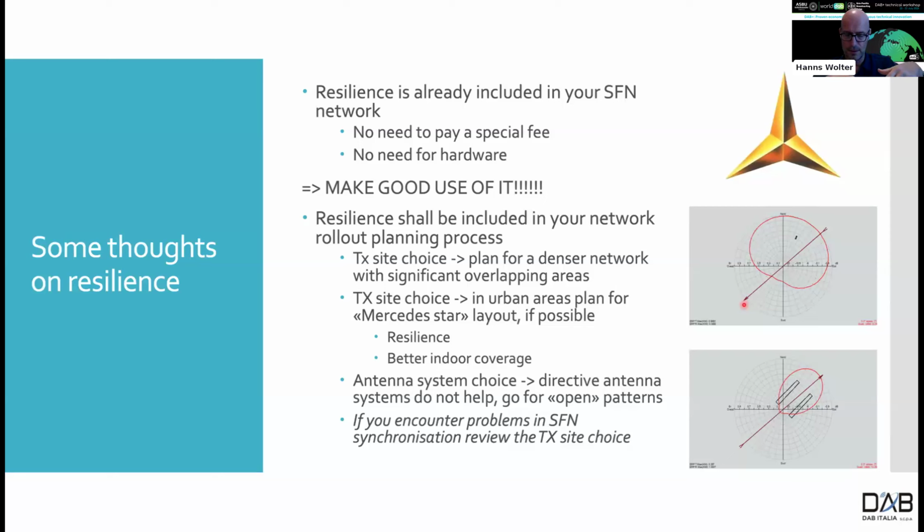And this will allow you really to manage your resilient network, your overlapping areas. Because when you go for directive systems like this one, which we have, of course, because sometimes you have to protect your SFN or something else, you're not making full use of this feature.